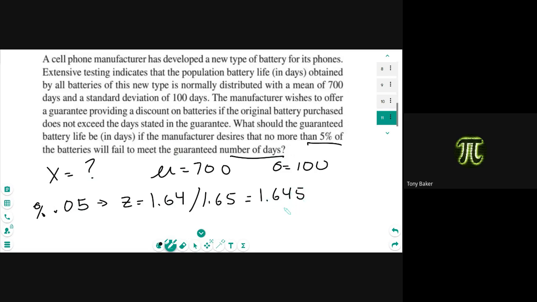Since it's exactly in the middle, we split the difference. So you could actually use 1.645 for your Z. Is it positive or negative? Negative, because we want the low end. We're talking about what's the earliest they could possibly fail, so we want the negative side of it.